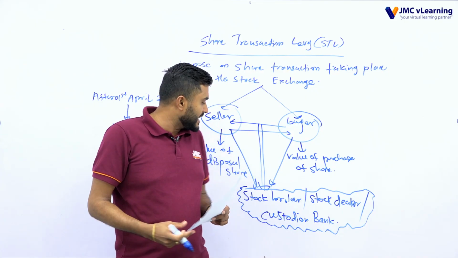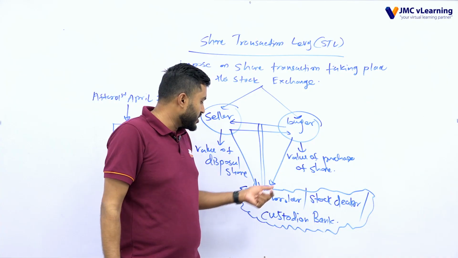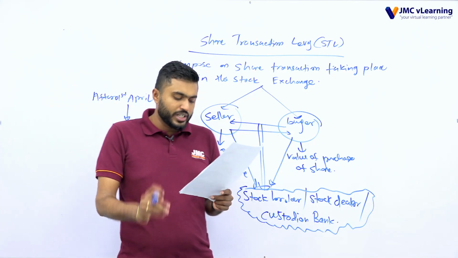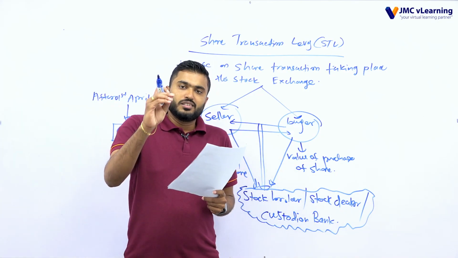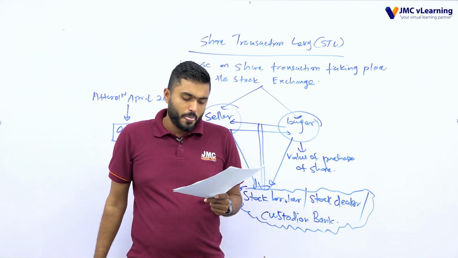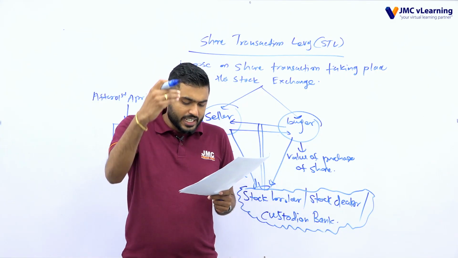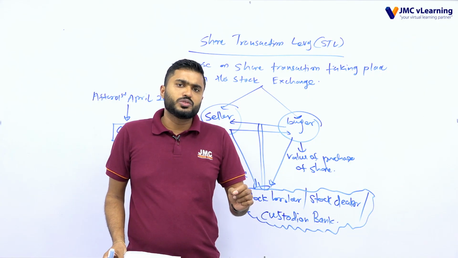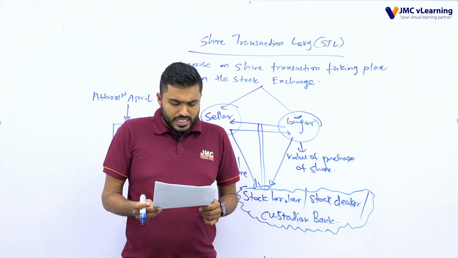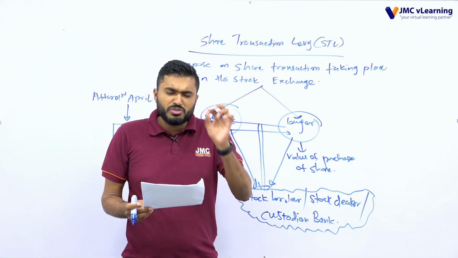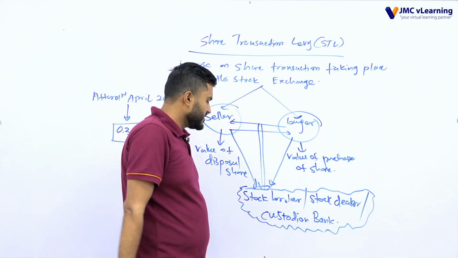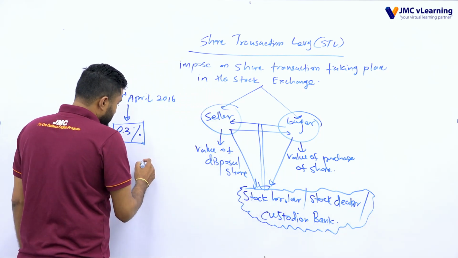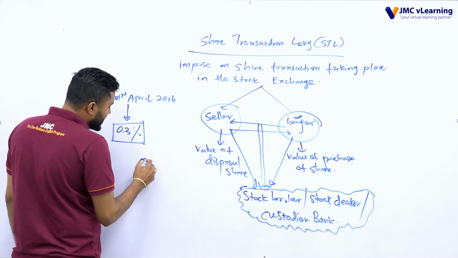Therefore, the custodian bank, stock dealer or stock broker needs to settle this share transaction levy within 3 working days. Not 3 days, 3 working days.